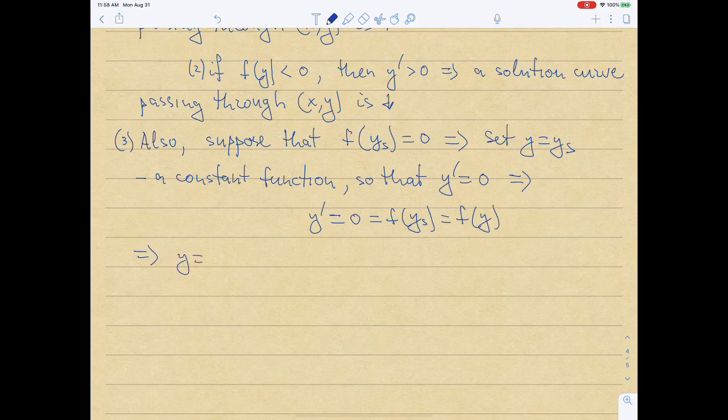So therefore, y equal to ys is a constant solution of y prime equal to f of y.